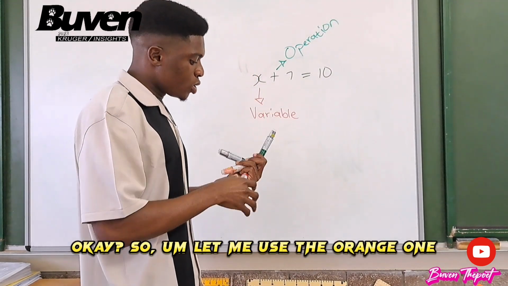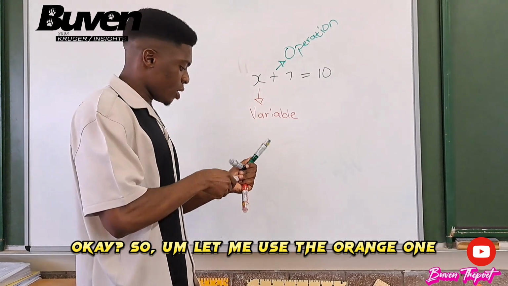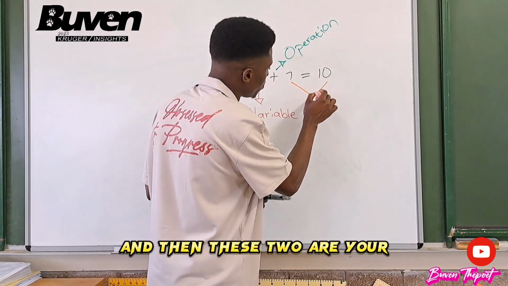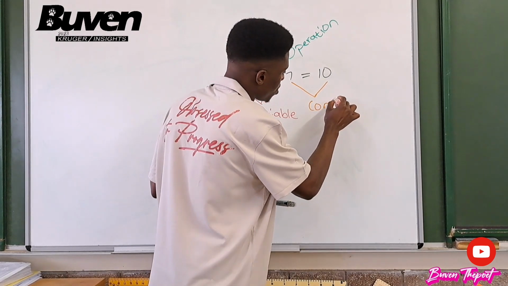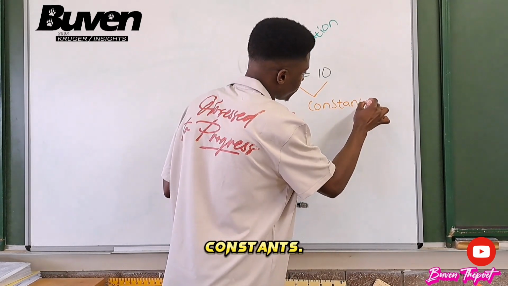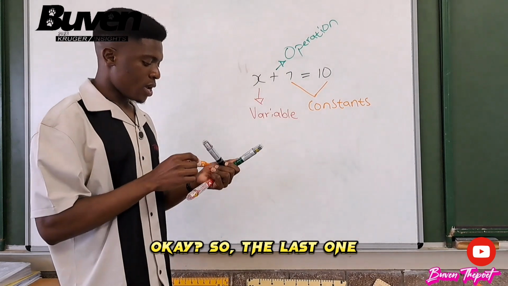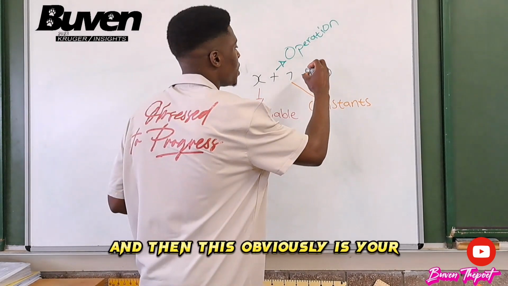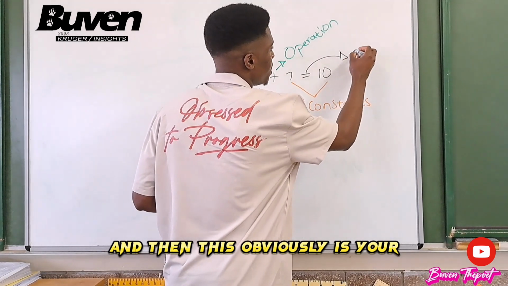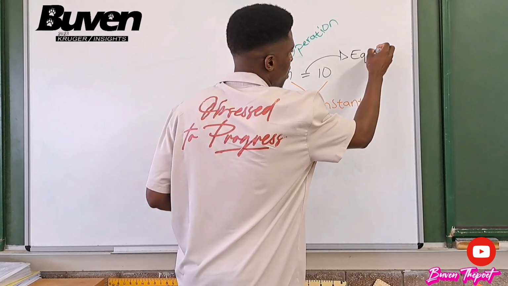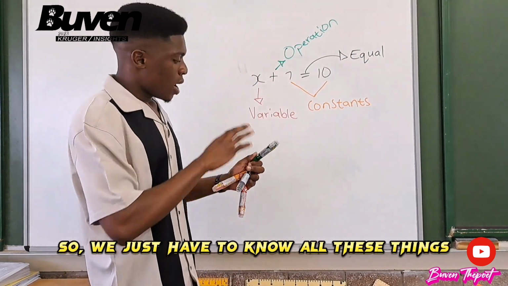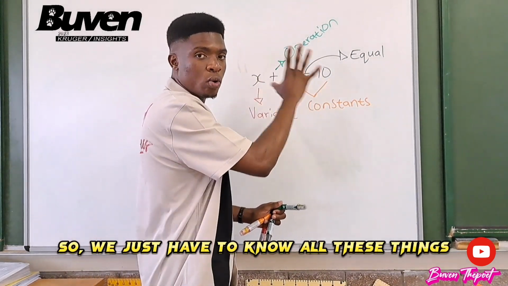Okay, so let me use the orange one, and then these two are your constants. Okay, so the last one, and then this obviously is your equal sign. So we just have to know all these things.